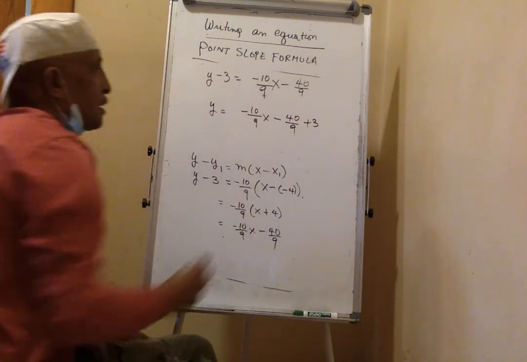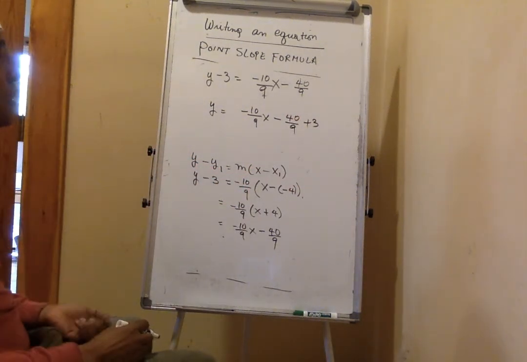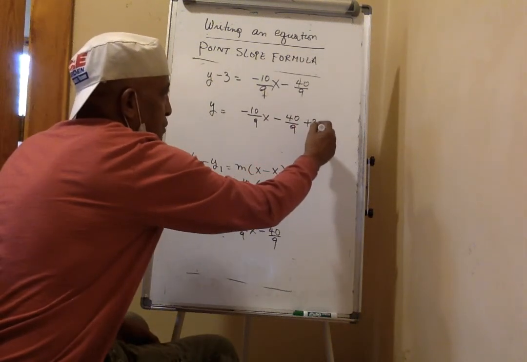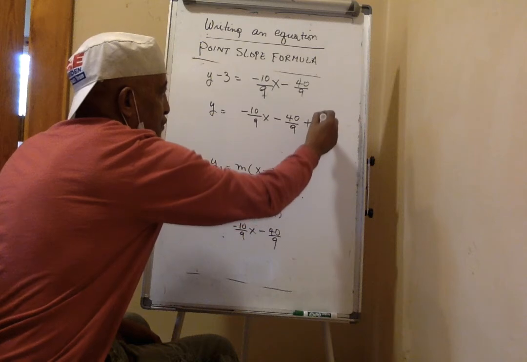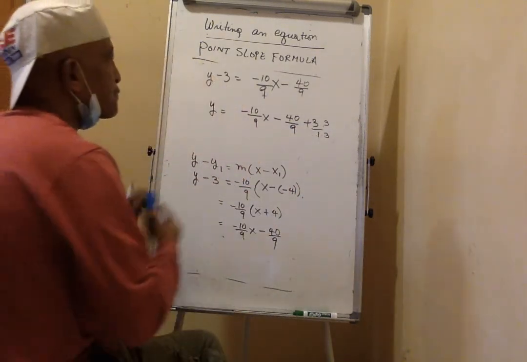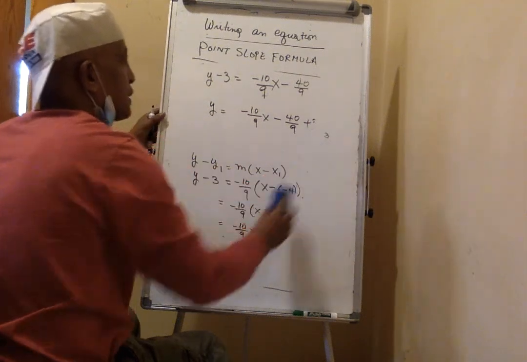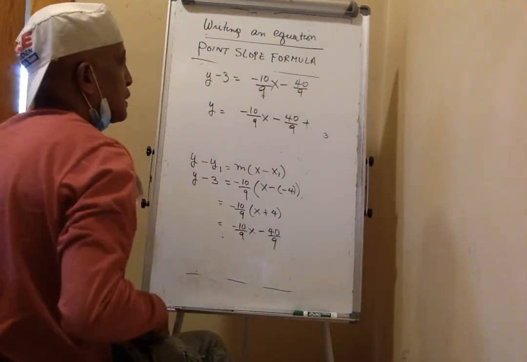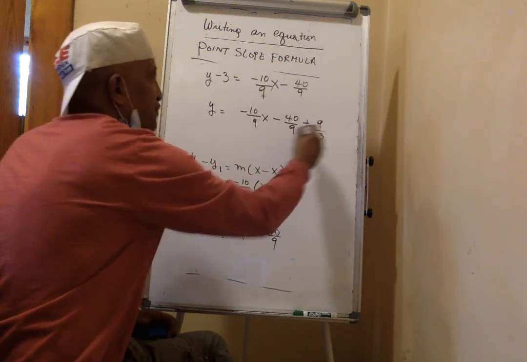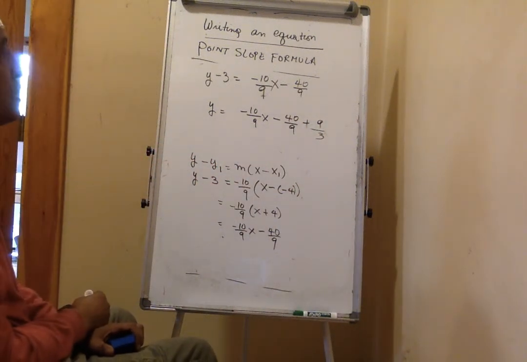But 3 is what? 3 is 27 over 9. The other way of saying 3 is 27 over 9.